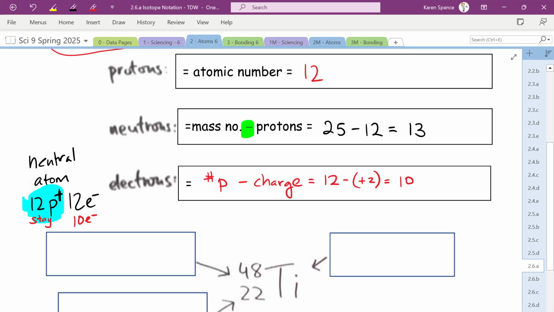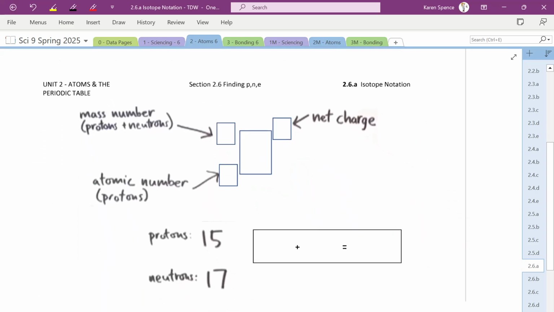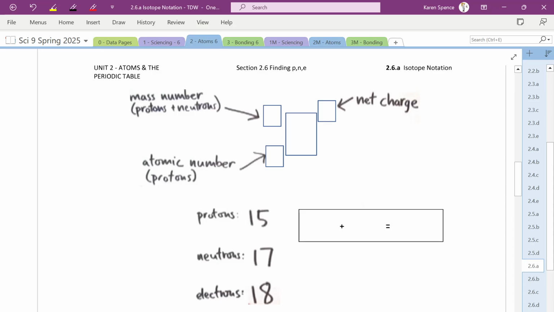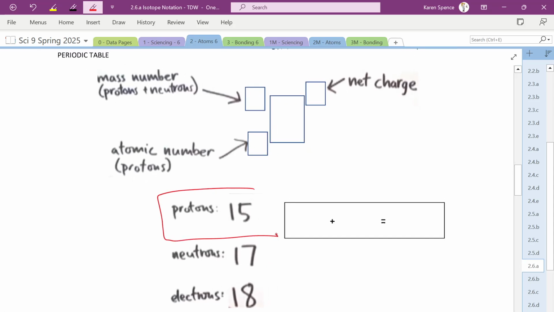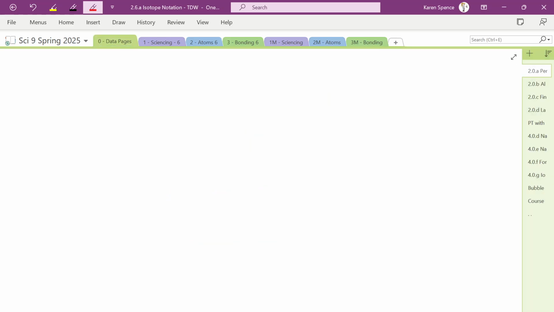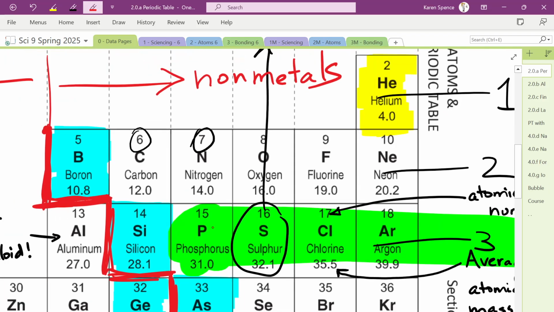We're going to skip this next one because the net charge is 0, and we just did a whole bunch of those yesterday. And we're going to move to this one here. For this one, we are given the number of protons, 15. What element is that? 15 is phosphorus.